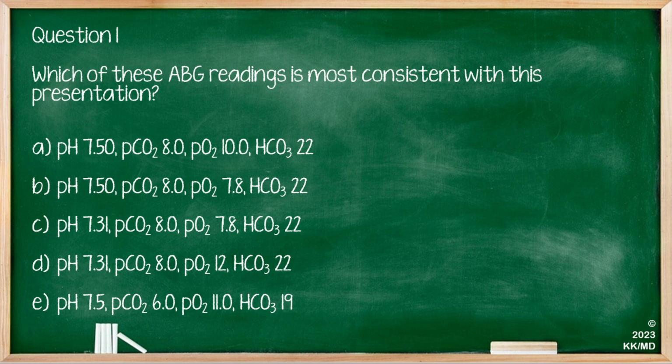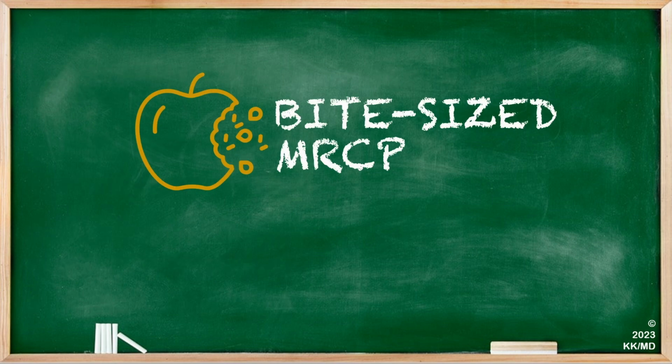So really you're dealing with either option C or option D. And looking at these, C is the correct option because you have raised PCO2, you have low PO2, and you have acidosis. Option D is incorrect because your PO2 is pretty much normal. And that is the sign that this gas has been taken on somebody with potentially this history of COPD, but they're over-oxygenated.